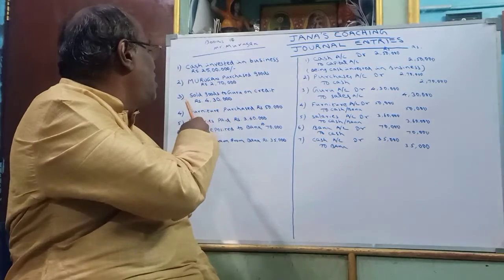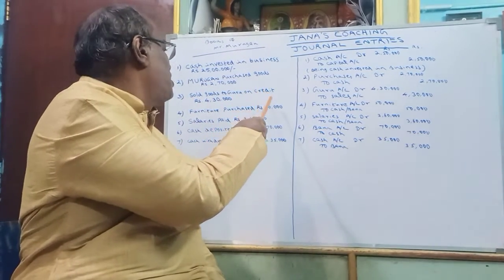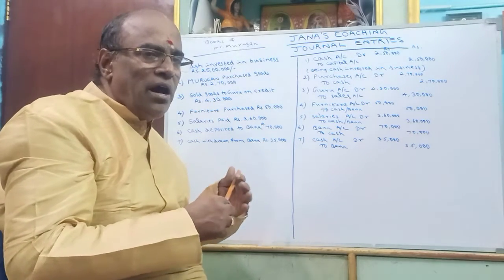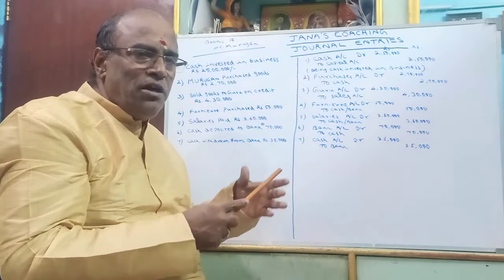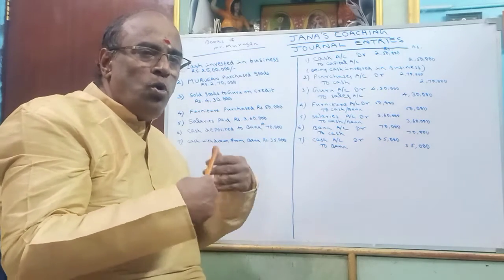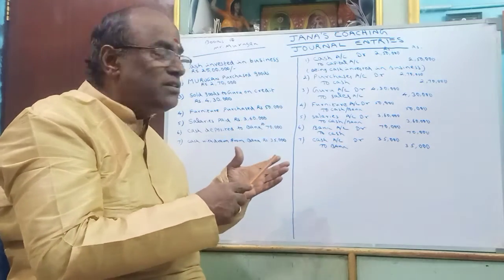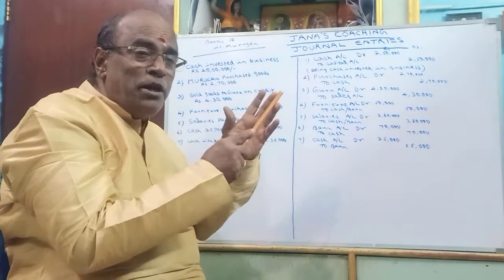Third transaction, sold goods to Guru on credit rupees 4,30,000. After manufacturing the products, the finished products have to come to the market, and the product is now sold to Mr. Guru on credit basis.